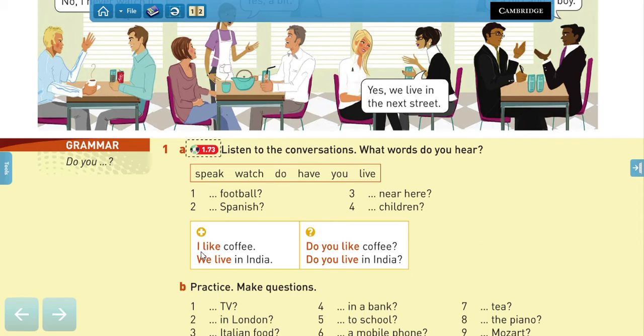In this case, we have subject and verb. And in this case, we have auxiliary, subject, and verb. Subject and verb, and then here we add the auxiliary. We live in India. Do you live in India?